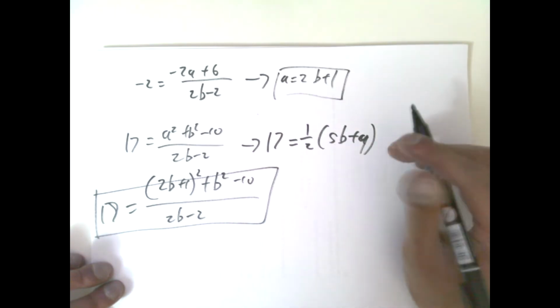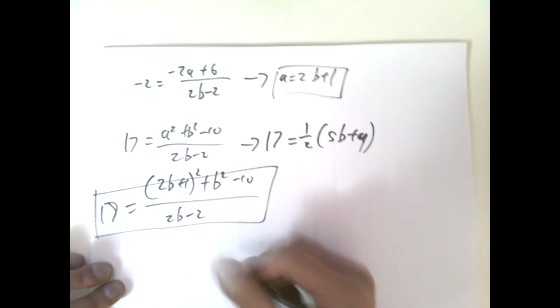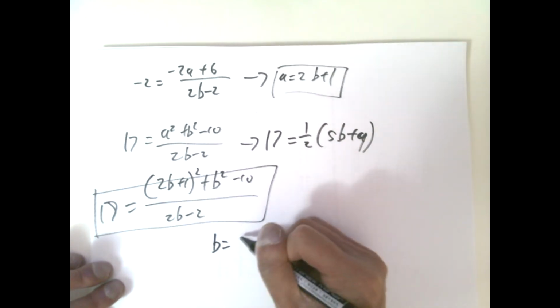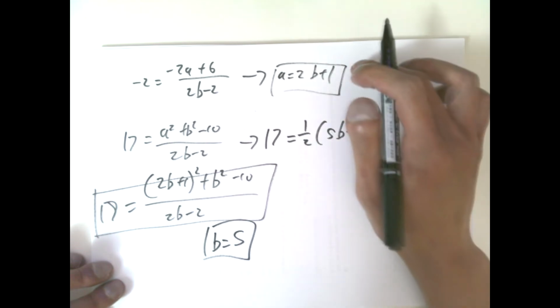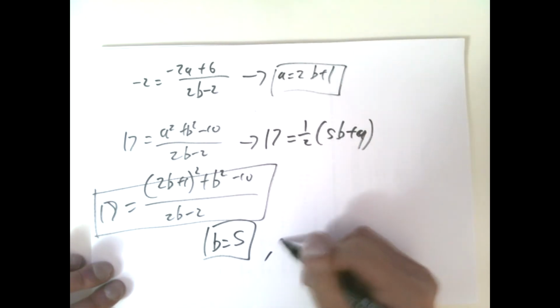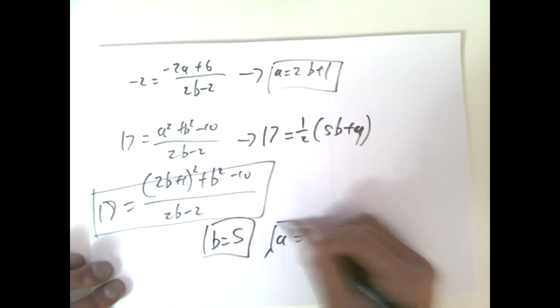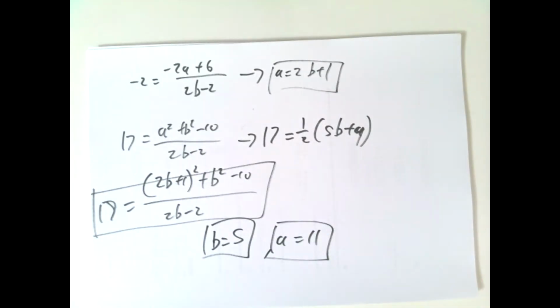And if we were to solve for b in this equation, and we will take b equal to 5 and put it back into that equation. And we've also finished question 6.